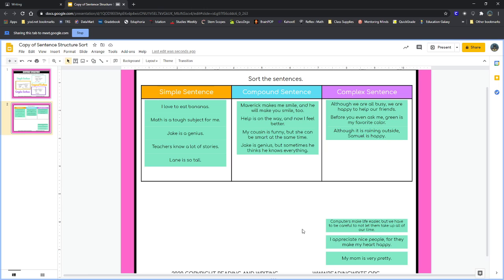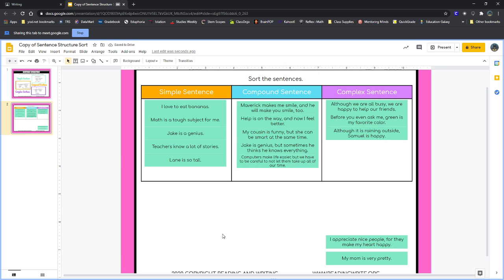Computers make life easier, but we have to be careful not to let them take up all of our time. Is that simple, complex, or compound? Bradley, back to back. What do you think? Simple, compound, or complex? Compound. It's got the comma and the conjunction. This is a compound sentence.